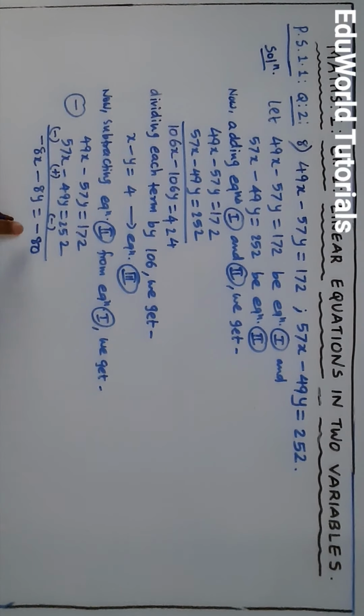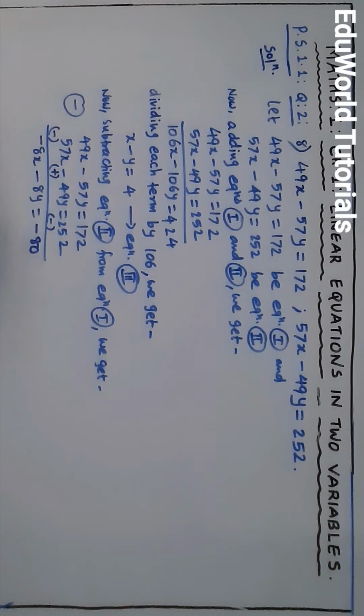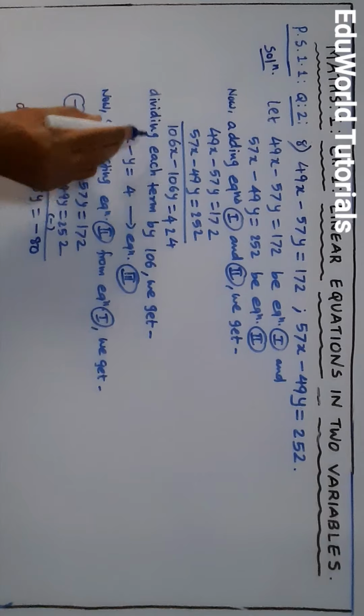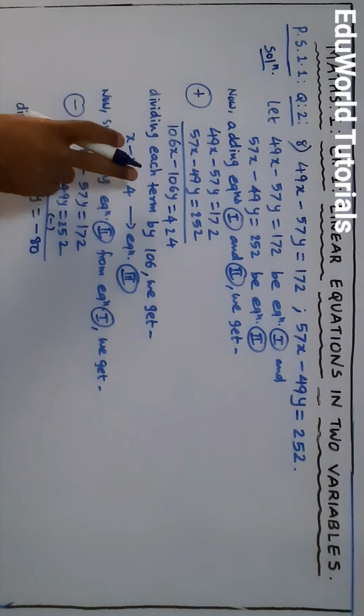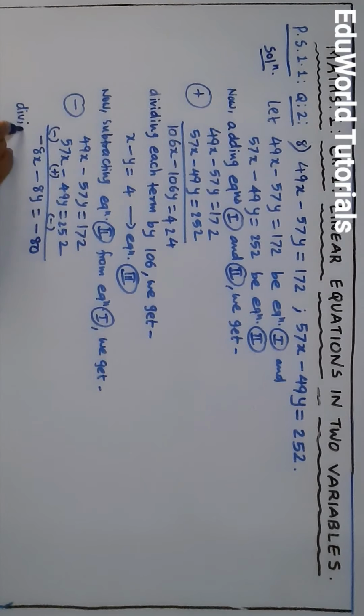We get minus 80. Now you know that all these terms are divisible by 8. So what we write? Dividing each term by 8, we get, what do we get?